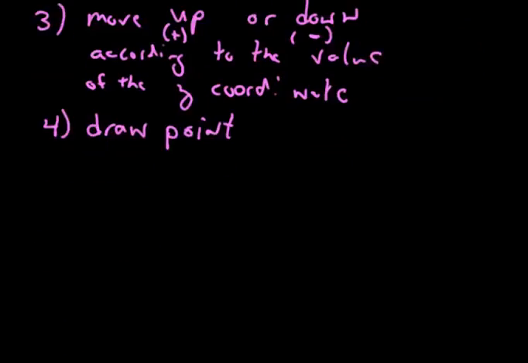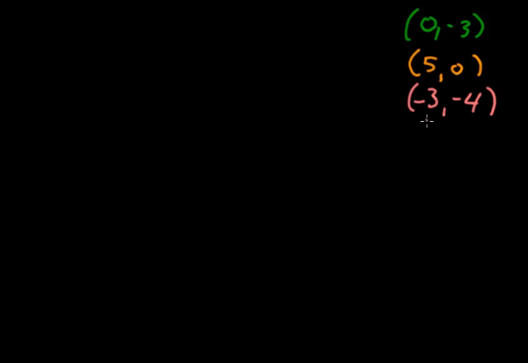So let's do some example points here, and we'll make a list of points. I want 0, comma, negative 3 will be my green point. 5, comma, 0 will be my orange point. Negative 3, comma, negative 4 will be my kind of pinkish point.